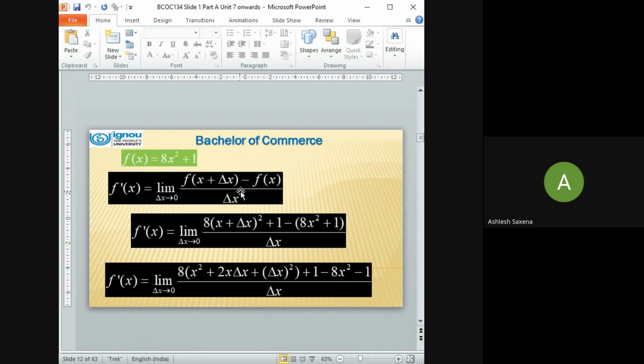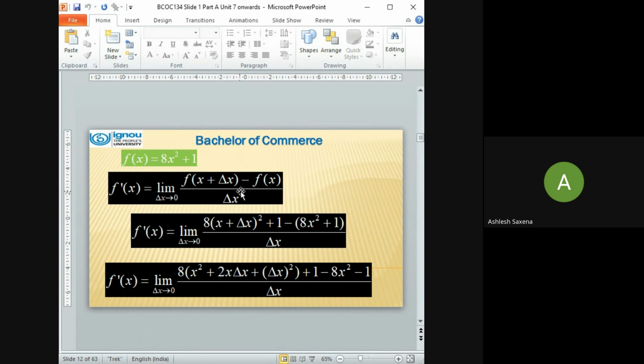Straight away open this. That is (a plus b) whole square, a square plus b square plus 2ab. So here it will be 8 into x square plus 2ab, that will be 2x delta x, plus delta x square, plus 1 minus 8x square minus 1 upon delta x.